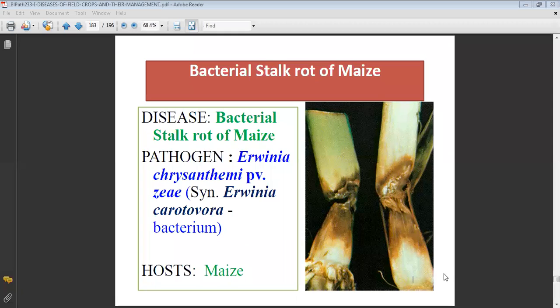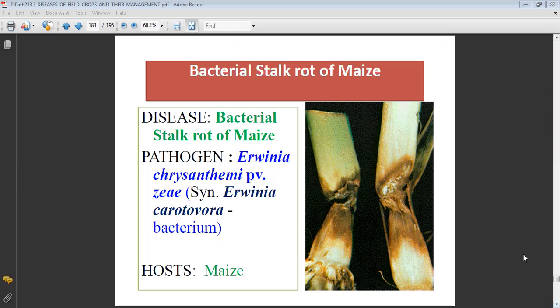Now, the stalk rot of maize is a bacterial disease. As you can see here, I've taken this from a PDF, and this is caused by Erwinia chrysanthemi pathovar zeae. So, the host is maize. This always infects the maize.